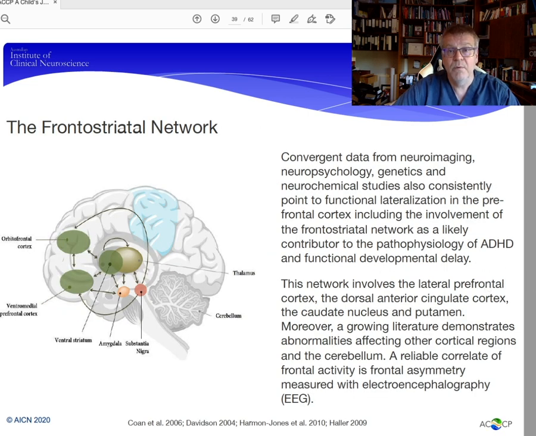So just a review about the frontal striatal network, because this is really the message we're trying to hammer home, is that basically all of these networks are formed partially from different areas of the brain.